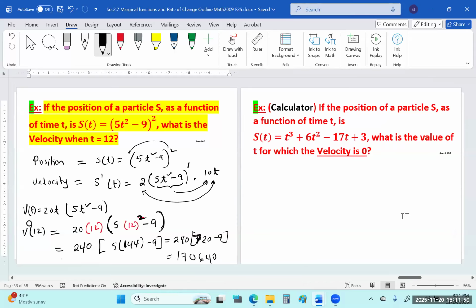Okay, the next question. If the position is this, what's the value of t when the velocity is 0? Try the next one. The position is given and it's asking what's the t when the velocity is 0.